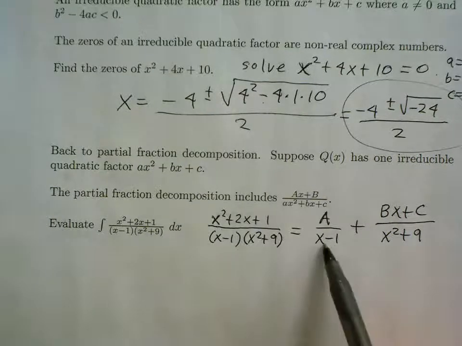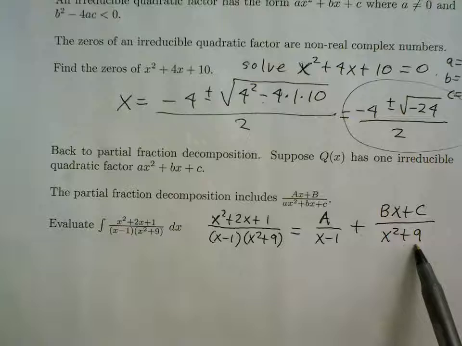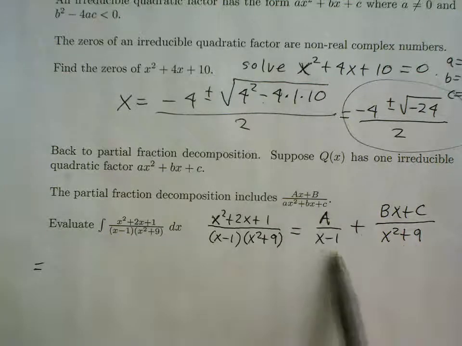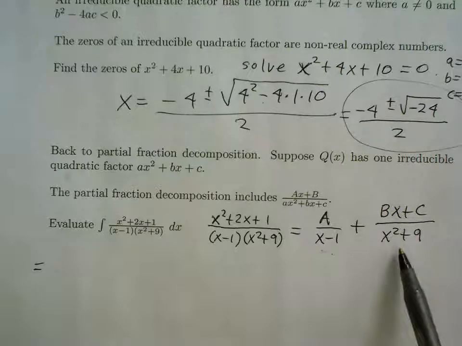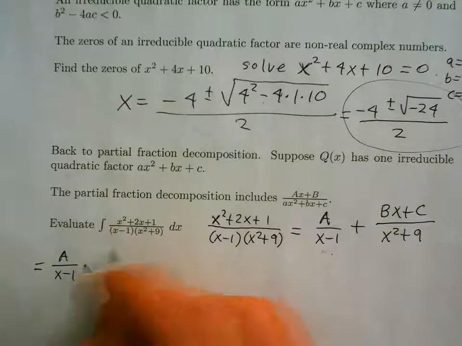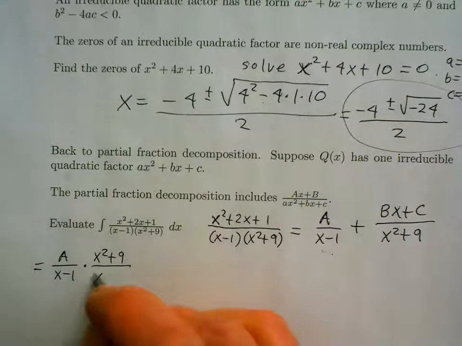We'll rewrite the sum of these two fractions as a single fraction with the common denominator. We multiply A over x minus 1 by 1 in the form x squared plus 9 over x squared plus 9.